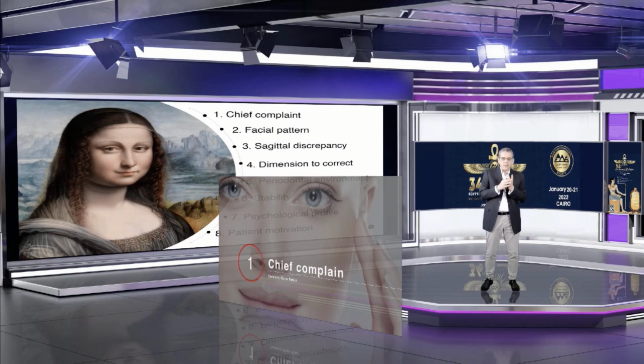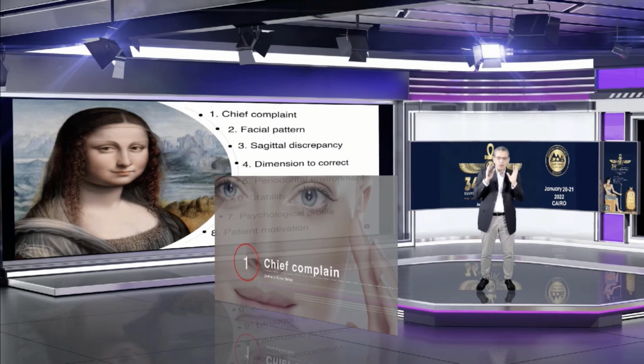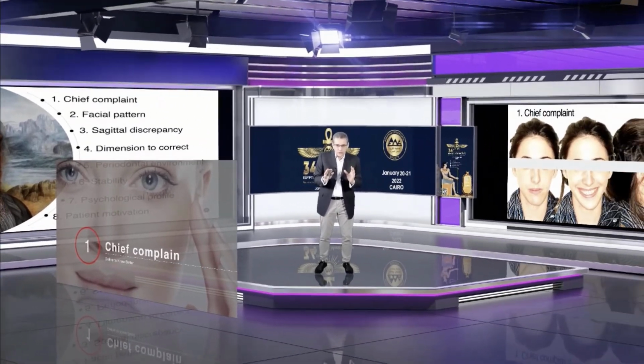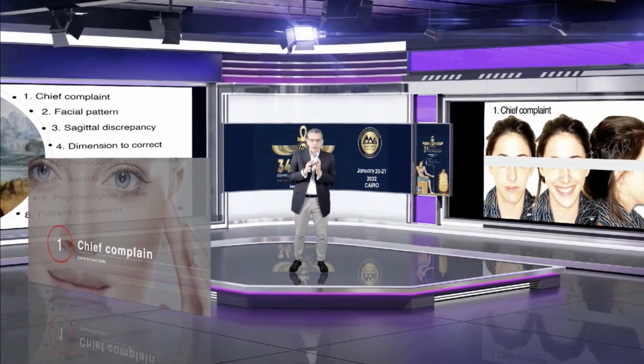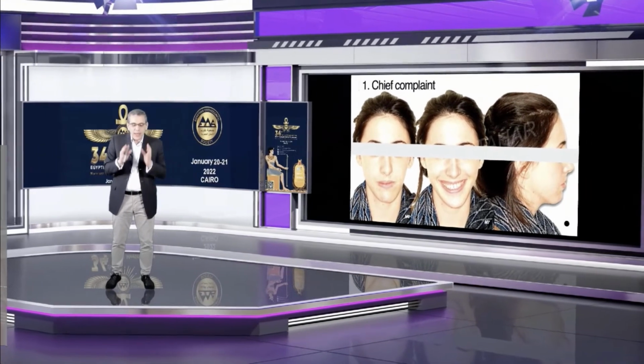Can we correct this case only with orthodontics? We can correct it if the patient accepts a long orthodontic treatment. We can use mini screws and we can compensate the case.